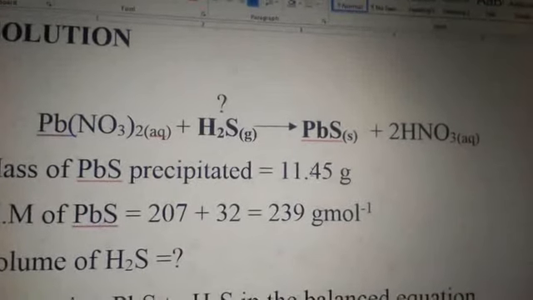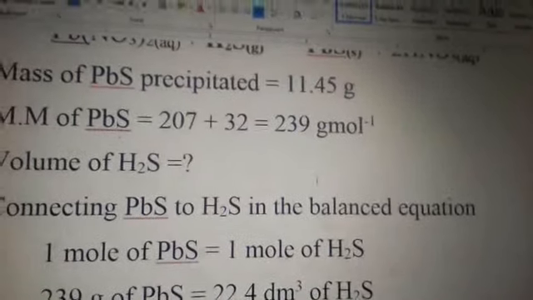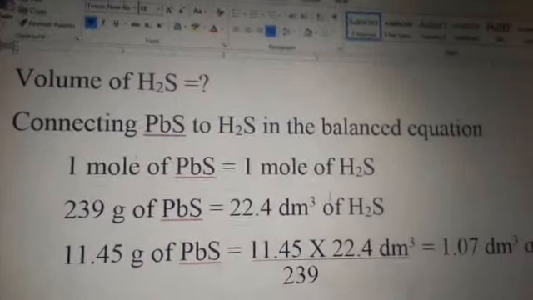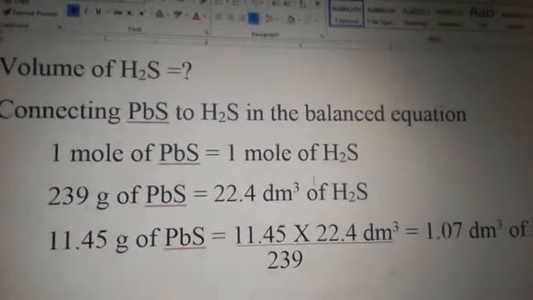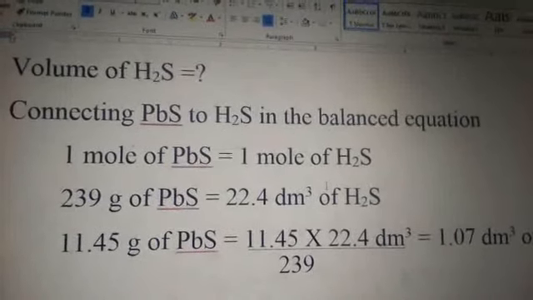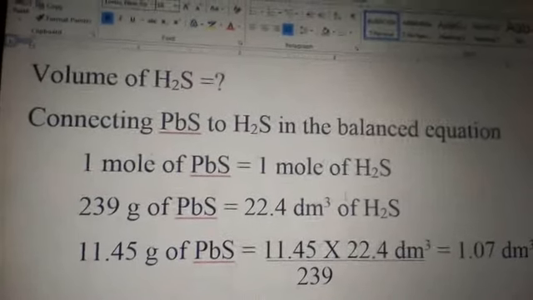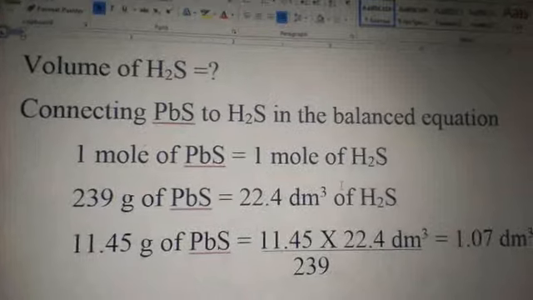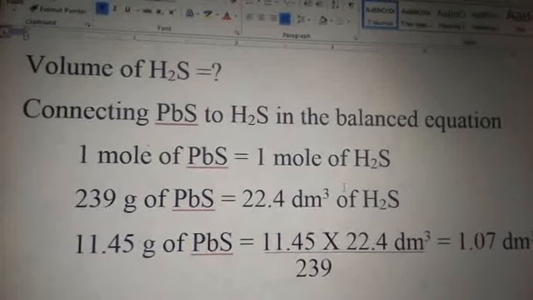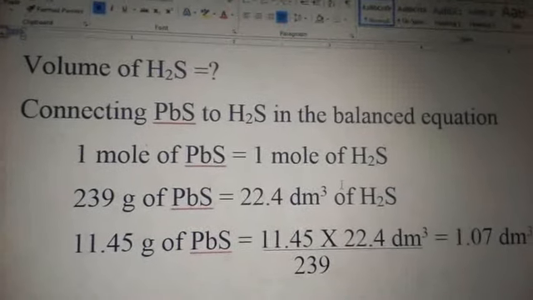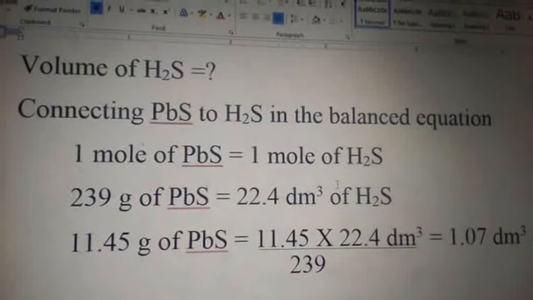In the equation each of them is 1 mole. So connecting lead sulfide to hydrogen sulfide in the balanced equation, 1 mole of lead sulfide gave us 1 mole of hydrogen sulfide. We now change the mole to mass. 1 mole of the compound is equal to the molar mass. So we change 1 mole of lead sulfide to 239 grams of lead sulfide.